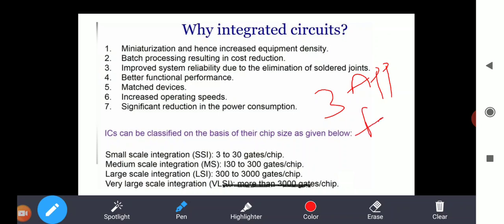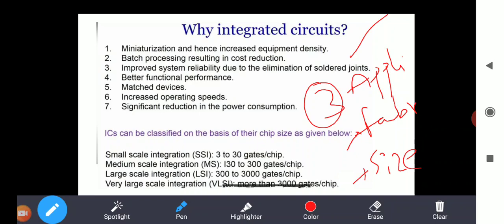ICs are basically classified into three categories based on application, fabrication and size. Based on the size, chip size, these ICs can be classified into four categories.